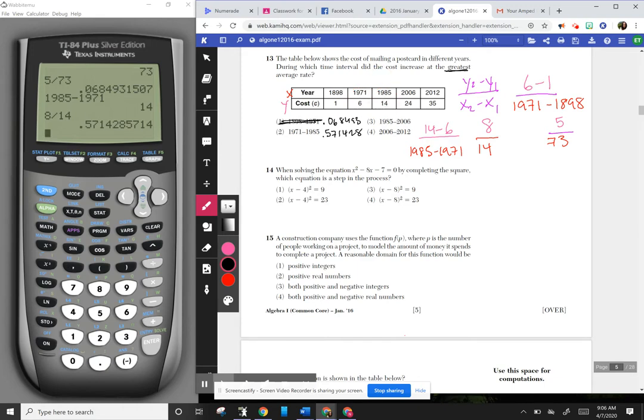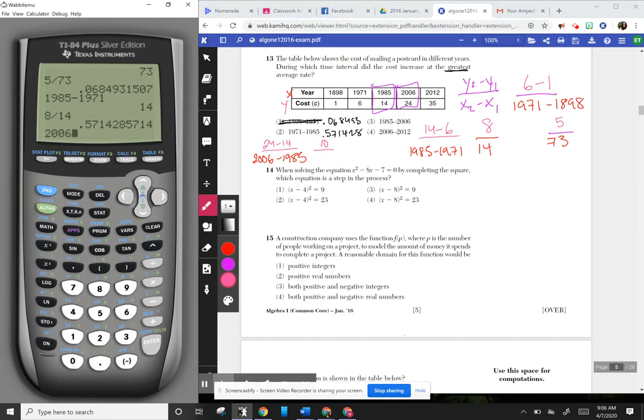Okay, now let's do the interval in 3. Now we have 1985 and 2006. So this time it is 24 minus 14 divided by 2006 minus 1985. Well, 24 minus 14 is 10.